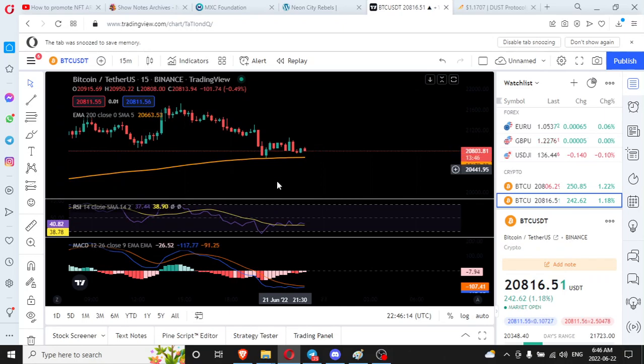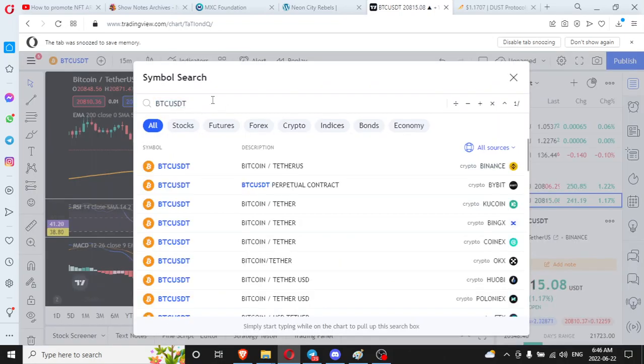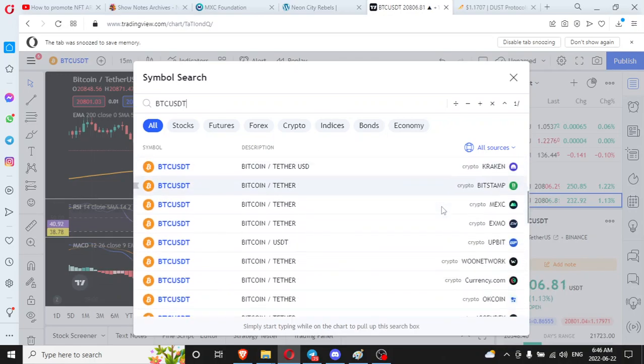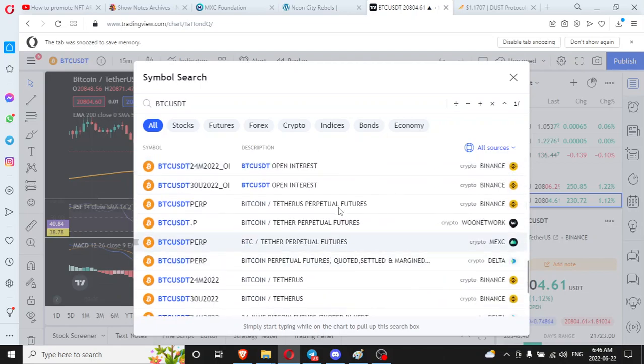Just TradingView.com. So then right here, when you get on it in charts, you can just type a pair, for example, BTC USDT, and then you can see everywhere that it's featured. Like we got Binance, that's what I use. We got Bybit, KuCoin. But we're trading perpetual futures, so it's better to find Binance perpetual futures.